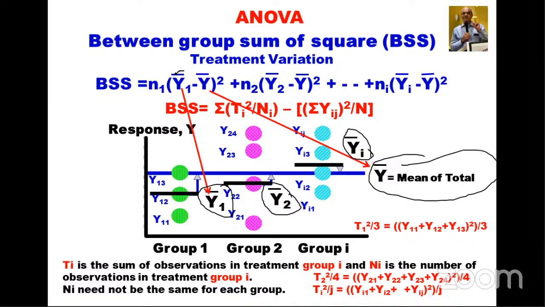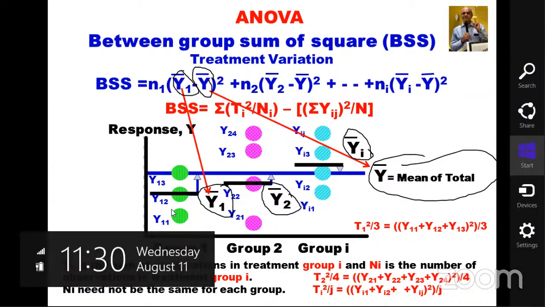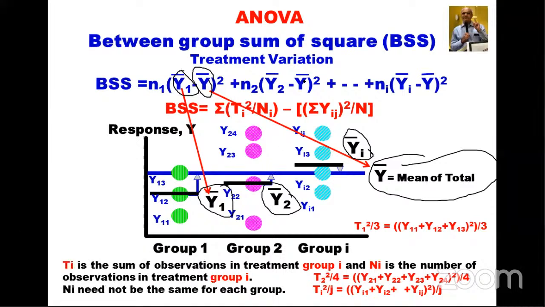It is not y1 only, it is y1 bar minus y bar, whole square, into n1. Similarly, n2 into y2 bar minus y bar whole square. And for the last group, number ni into its mean minus total mean, whole square.